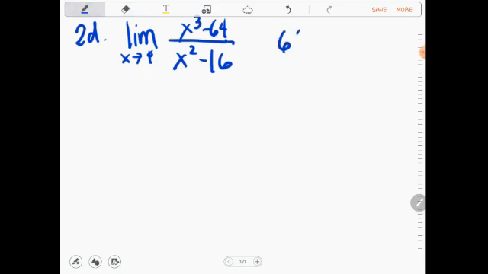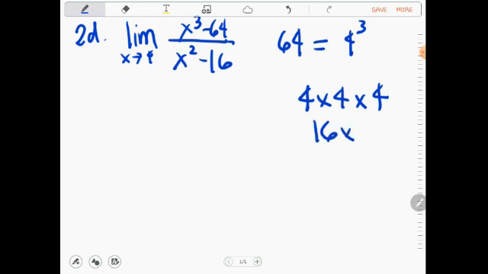Yung 64, di ba, is equals to 4 raised to 3. Kasi, di ba, 4 times 4 is 16, times 4 is 64.